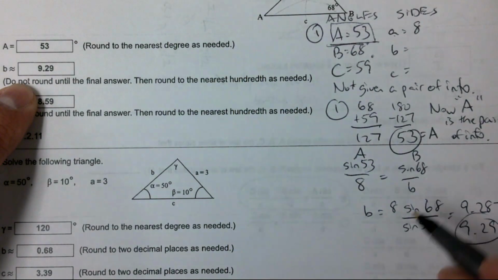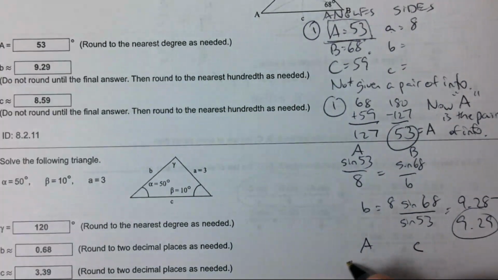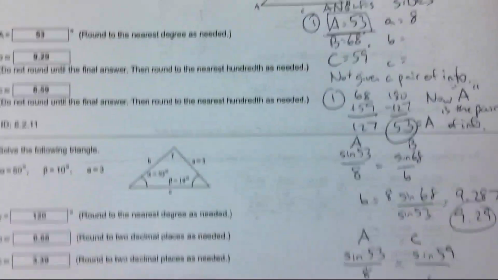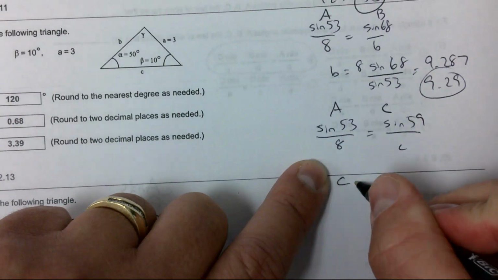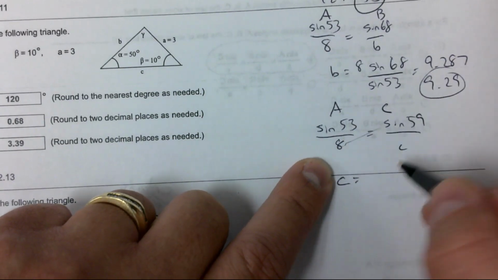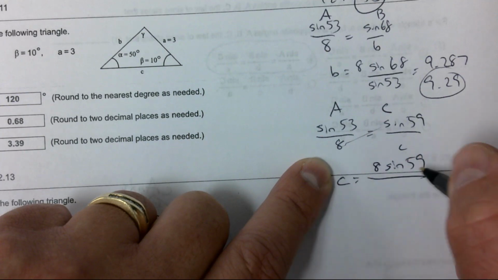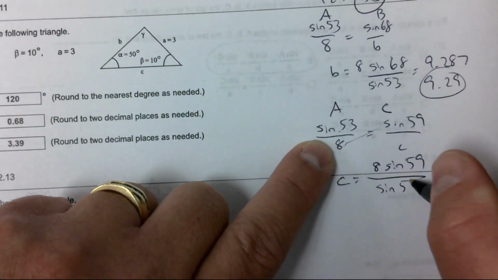And now we do the A's with the C's. So sine 53 over 8 equal sine 59 over C. So then we say C equal, this diagonal is your numerator, 8 sine 59 over, this is across from it, so it's sine 53.